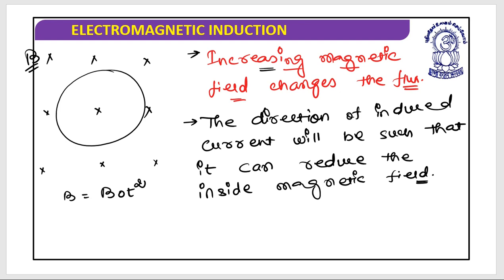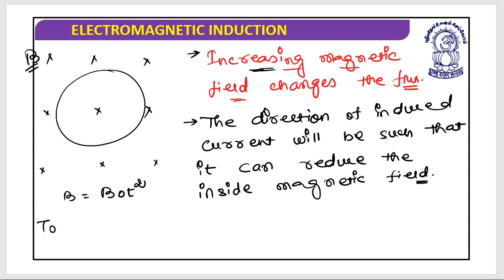Now, according to Lenz's law, it will oppose the one which produces this. Who is there to produce it? We should say it's the increasing magnetic field. The magnetic field exists inside the plane of the paper. So according to Lenz's law, the induced current will flow in such a direction that it can decrease the magnetic field. Why decrease? Because an increasing magnetic field produces it.